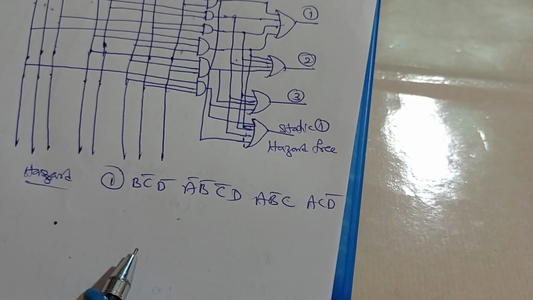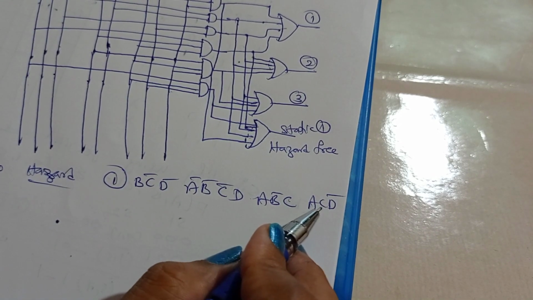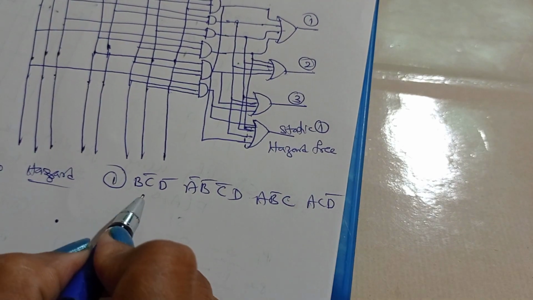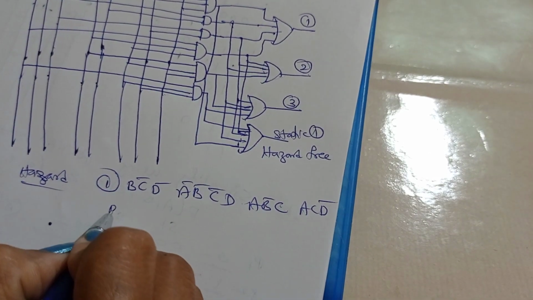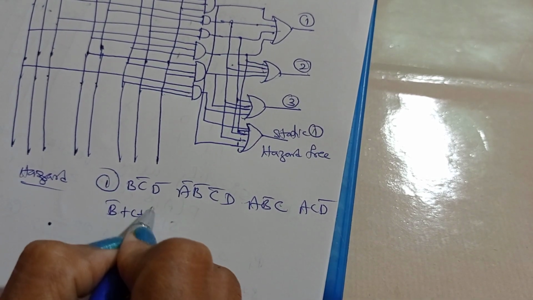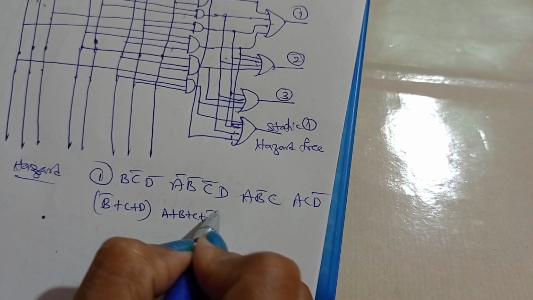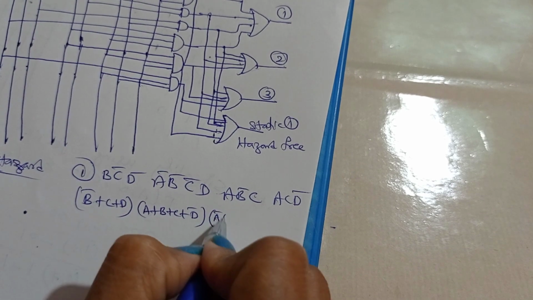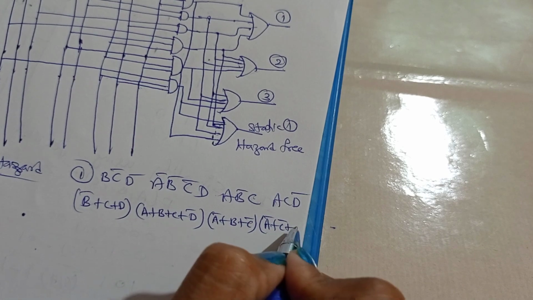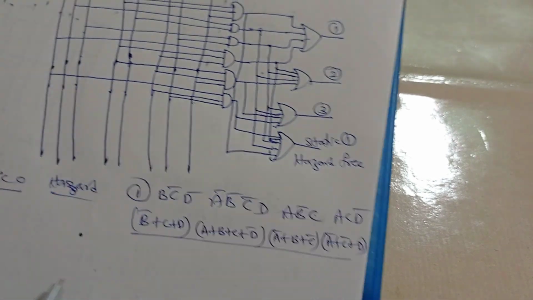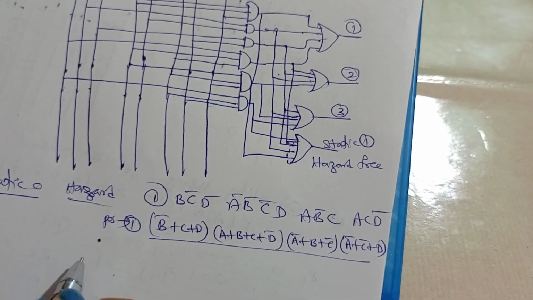But this is the POS. So we need to invert these variables, and instead of AND operation, OR operation. So this becomes B bar plus C plus D, A plus B plus C plus D bar, A bar plus B plus C bar, A bar plus C bar plus D. This is the POS. Static one, first one.